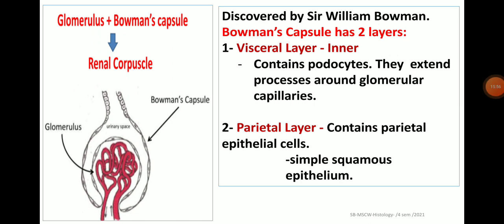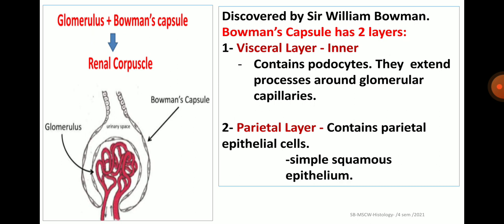Next, this particular slide will show you the structure of the renal corpuscle, also called the Malpighian corpuscle, where you can find right in the center of the diagram the glomerulus, which is the tuft of blood capillaries, and the surrounding double-walled cup-shaped Bowman's capsule. It has two layers actually.